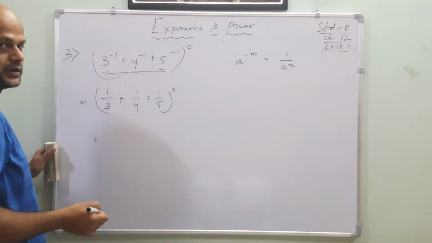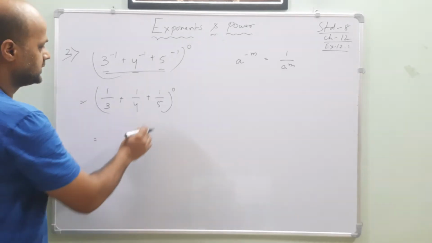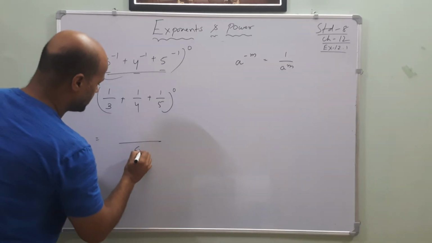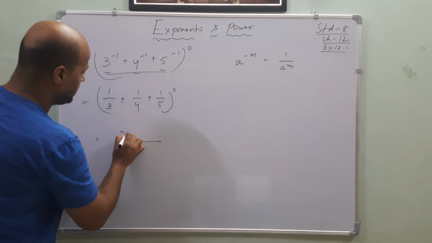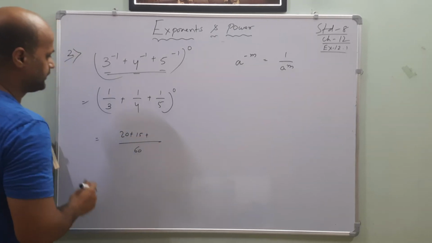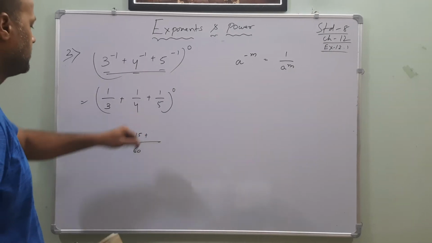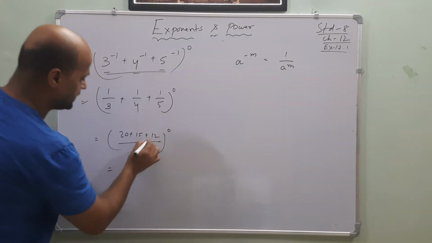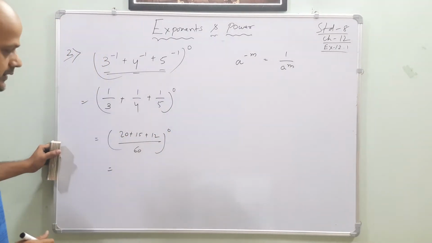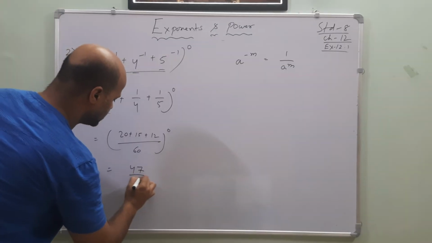You can solve this one. How much will it come to? Tell me, my dear friends. It is 60. Then here it is 20 plus 15 plus 12. Whole power of 0. How much is it now? 47 by 60.